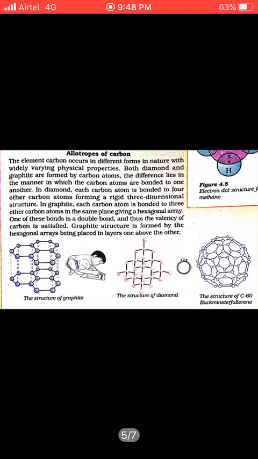Graphite is used for writing. And Fullerene is prepared in the lab with C60, meaning 60 carbons are attached together to form this football-like 3-dimensional structure. So this is the catenation power of carbon.